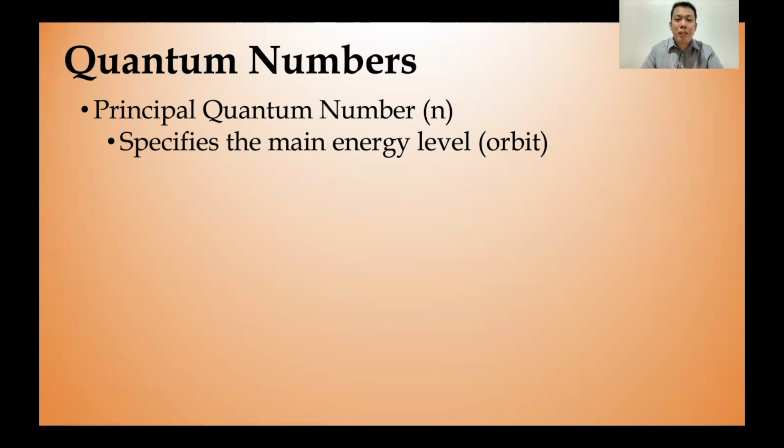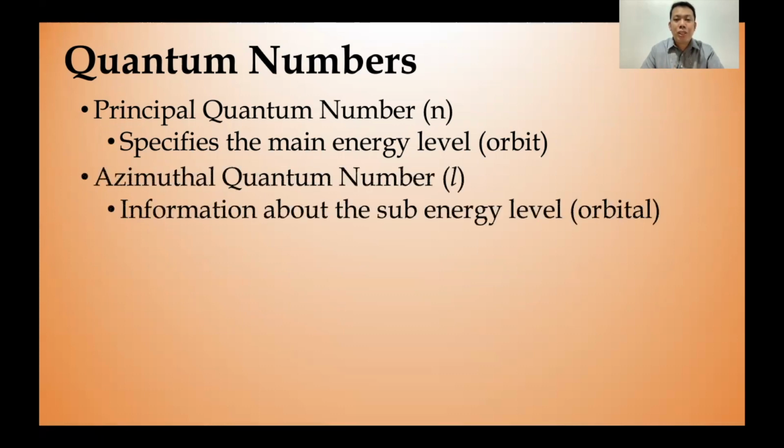There are equivalent numbers for each of the terms we will be talking about. For example, the principal quantum number has the symbol of small letter n. This specifies the main energy level or the orbit, the energy level where we can locate the electrons.